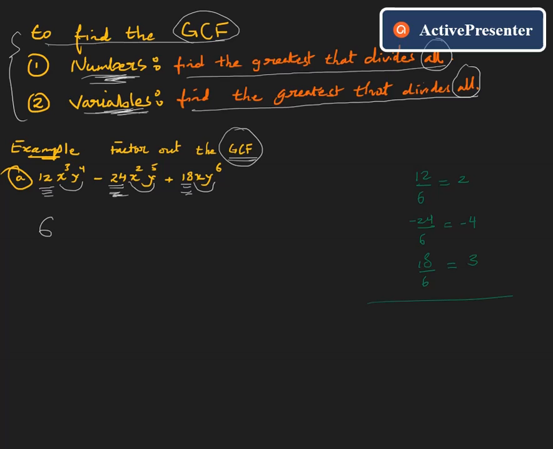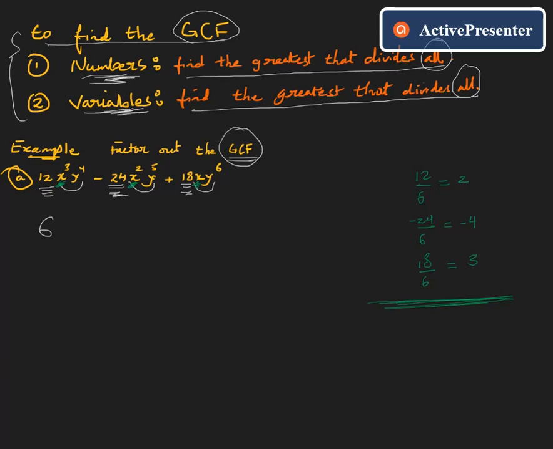Now let's look at the variables. What is the greatest that can divide them all? We have here x, and here x, and here x. So x cubed first, x squared, and x to the power 1 in the last term.